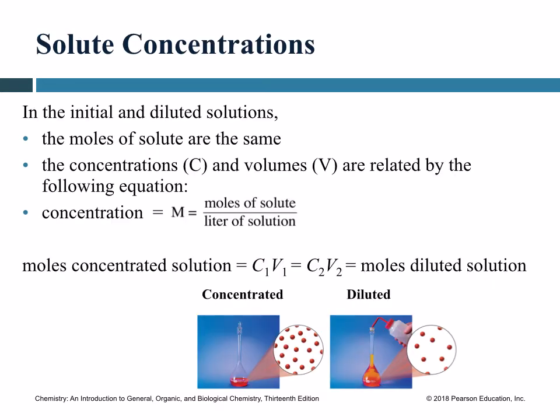Since the moles of solute don't change during dilutions, and moles are obtained by multiplying concentration C by volume V, the product of concentration and volume will remain the same during dilutions. Therefore, C1 times V1 is equal to C2 times V2. When given 3 of the 4 quantities, you can use this equation to find the fourth.